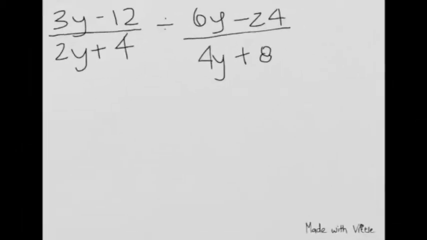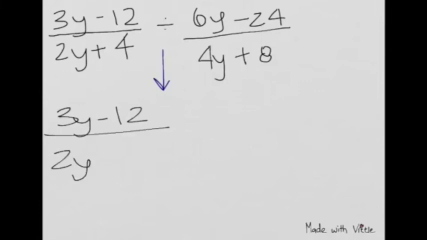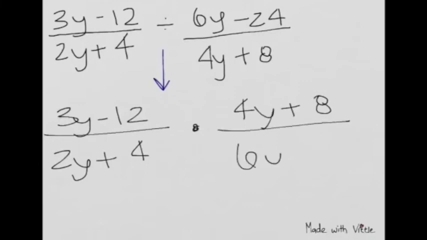Now we have 3y minus 12 over 2y plus 4 divided by 6y minus 24 over 4y plus 8. So multiply by the reciprocal, and we have 3y minus 12 over 2y plus 4 times 4y plus 8 over 6y minus 24.